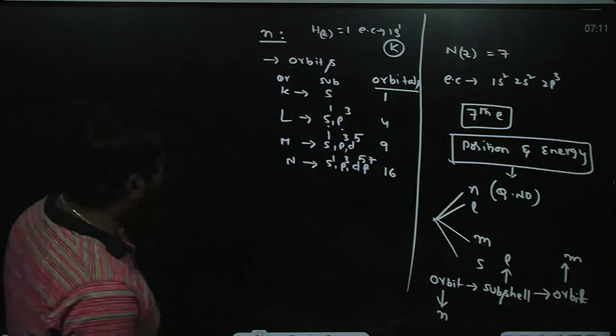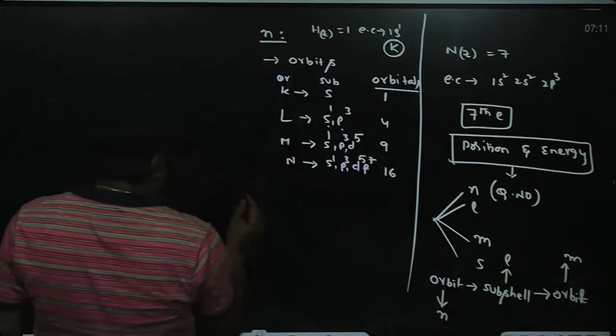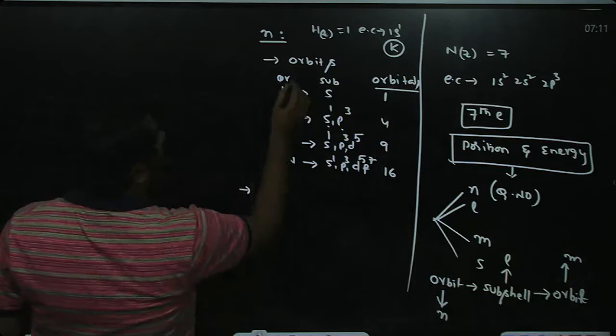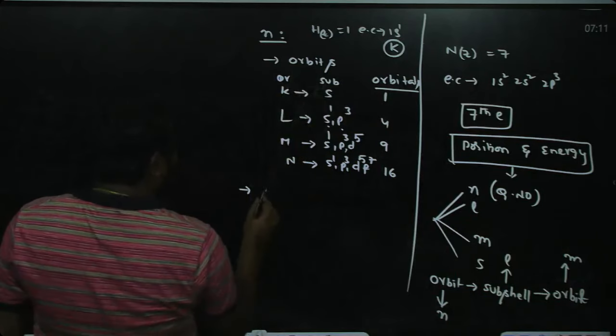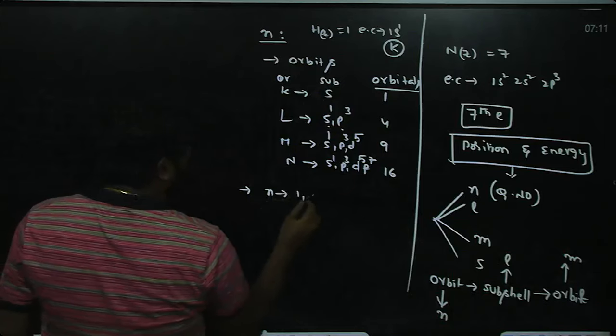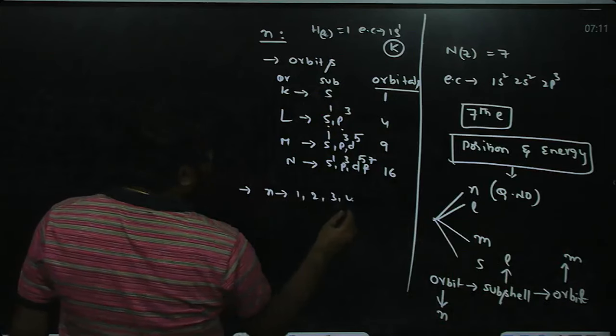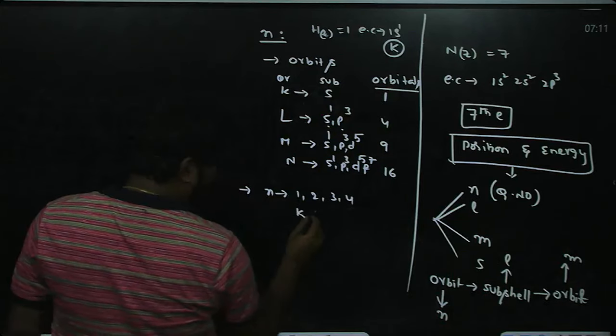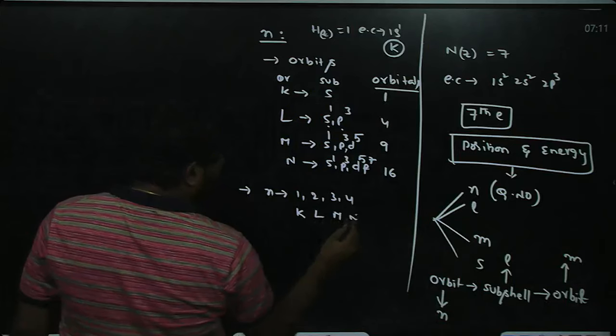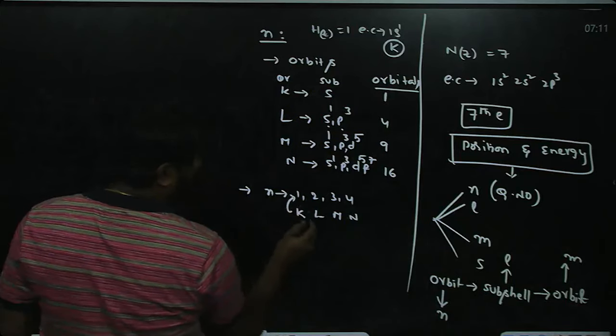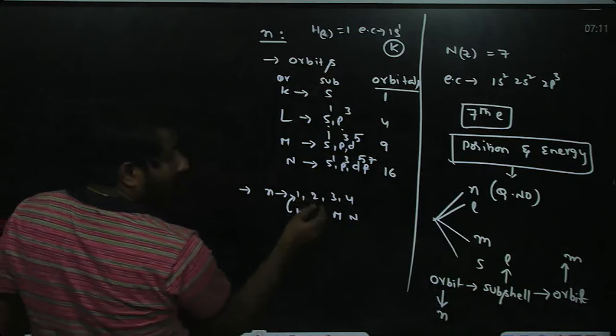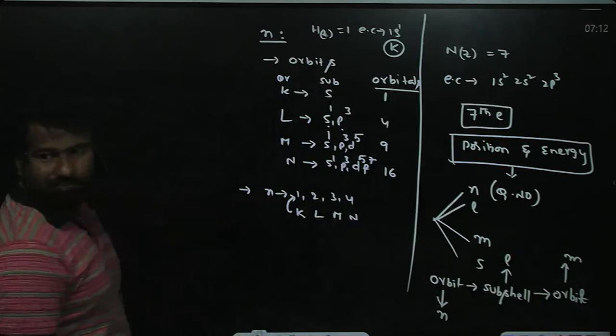By using n, we get only orbits. The n can have the values 1, 2, 3, 4 as per K, L, M, N. For K you take 1, for L you take 2, for M you take 3.